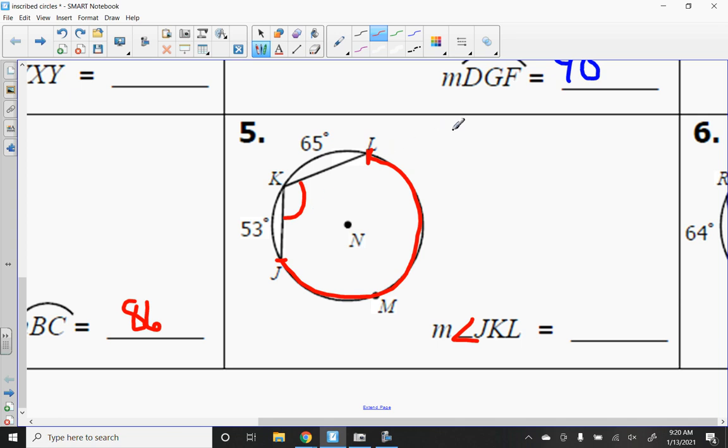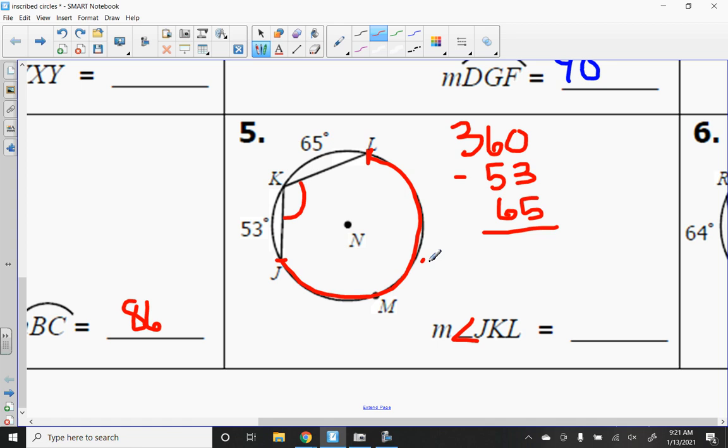So the math you should be seeing in your head here, and I'm pretty sure everybody can see it, is 360 subtracting those two numbers, 53 and 65. That will get you that long arc there. 360 minus 53 minus 65.